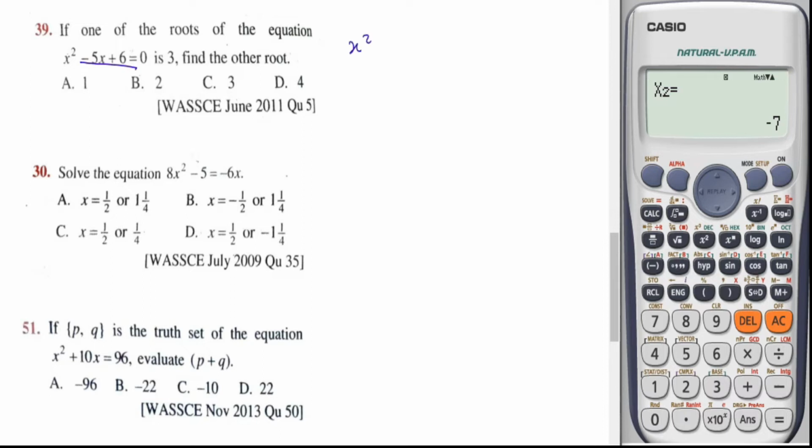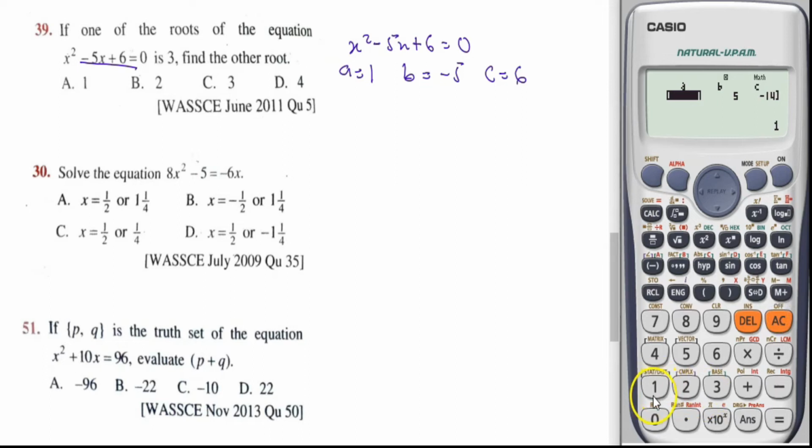So x squared minus 5x plus 6 equal to 0. So our A value is equal to 1, B value is equal to negative 5, and then our C value is equal to 6. So let's key in.